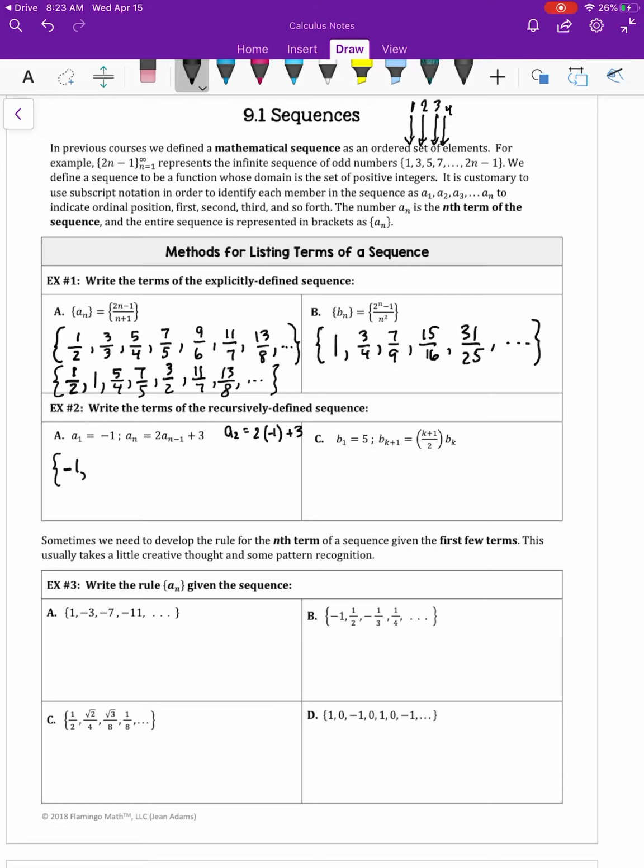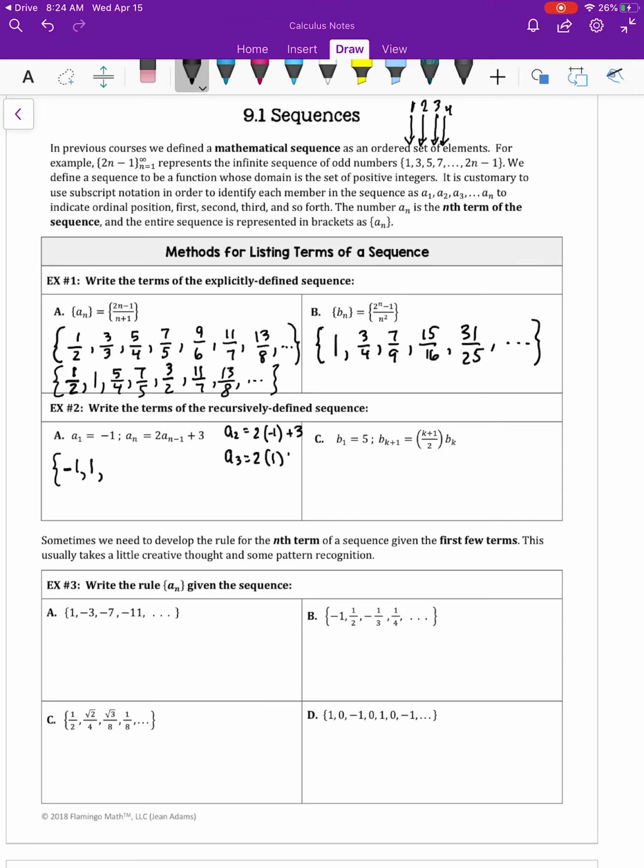So that's called recursively defined. That means I could give you the 100th term if I knew the 99th. Where on the explicitly defined for part A and B, if I wanted the 100th term, I just put 100 in for n. But if I wanted the 100th term on a recursively defined sequence, I would have to know the 99th term. So it's just a different type of definition.